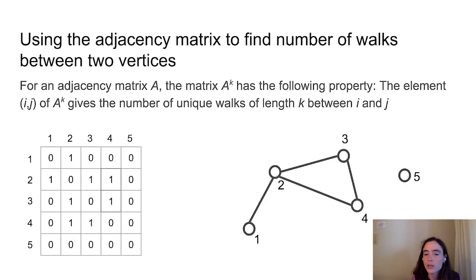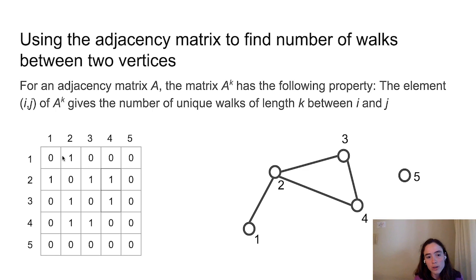If we go back to the adjacency matrix for the example graph we've been working with so far, we can see this matrix is just A raised to the first power. So in this case, k equals 1. According to this statement, this matrix should give the number of unique walks of length 1 between any pair of vertices.